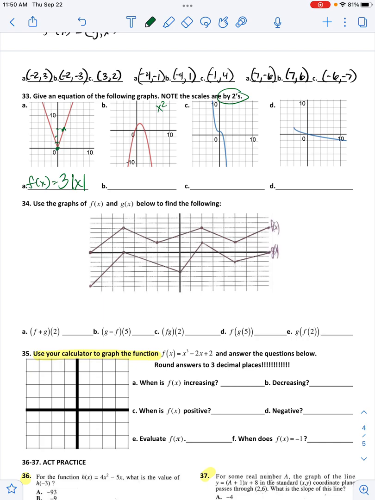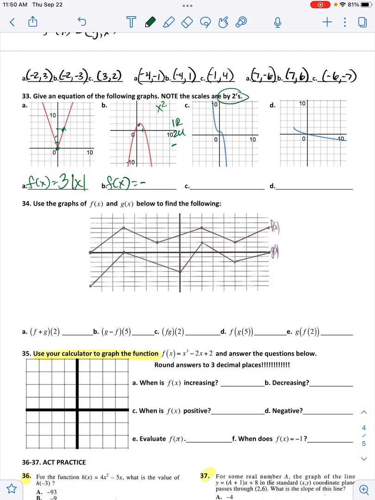Okay, how about here? Why is the scale by 2? Why do we have to do that? So if this is 2, then this has been shifted 1 to the right and 2 up. But it's upside down too. So I have that negative out in front. So my function has to be flipped over. It's average size, so I'll leave it at that.